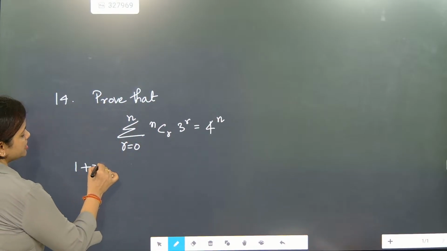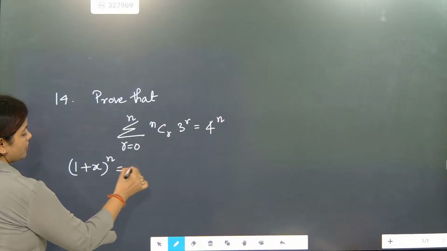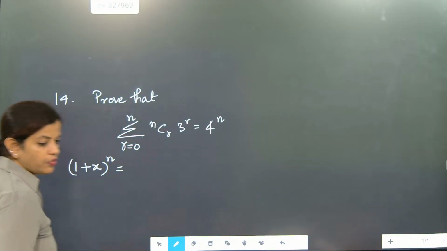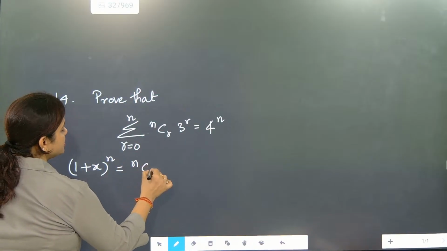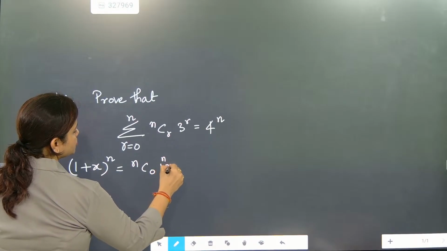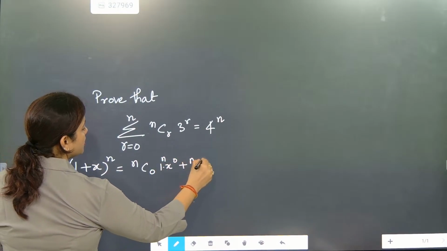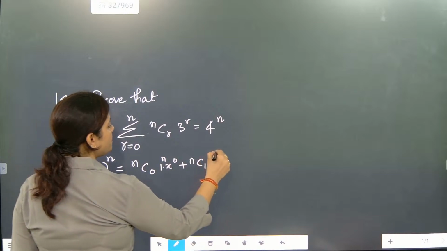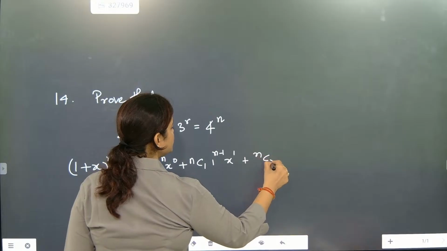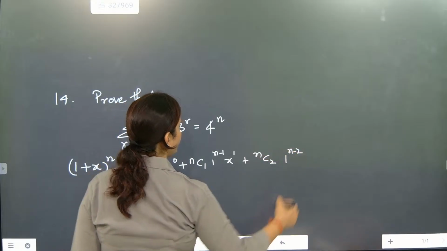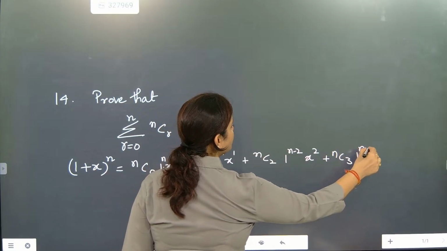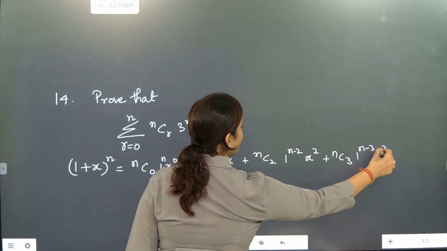Our conclusion starts with (1 plus x) to the power n. If somebody gives you (1 plus x) to the power n, how are you going to proceed? You will write nC0 1 to the power n x to the power 0, nC1 1 to the power n minus 1 x to the power 1, nC2 1 to the power n minus 2 x to the power 2, nC3 1 to the power n minus 3 x to the power 3.